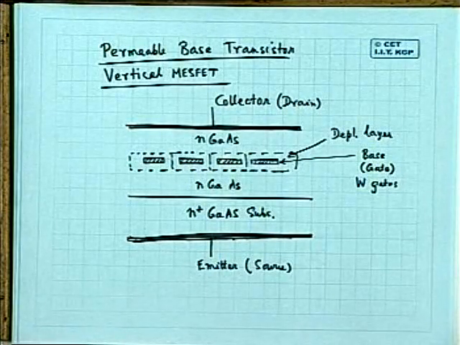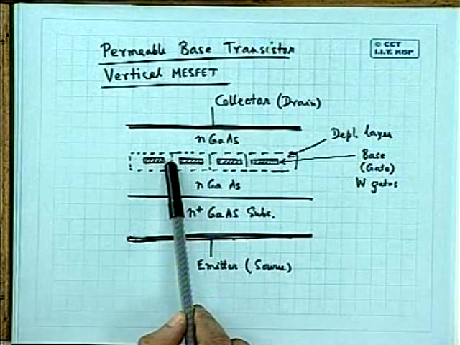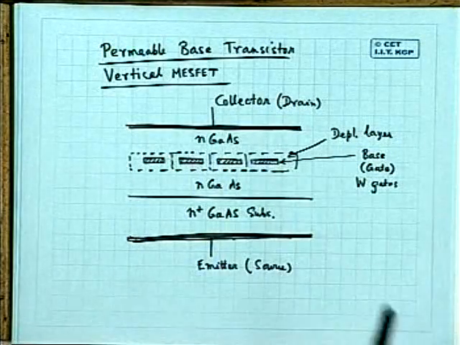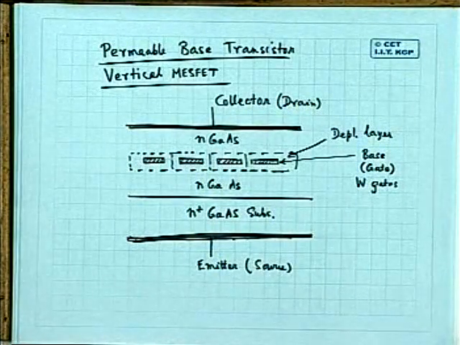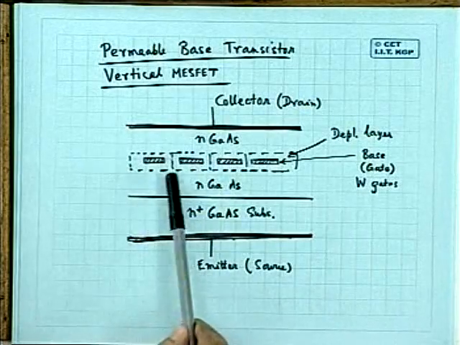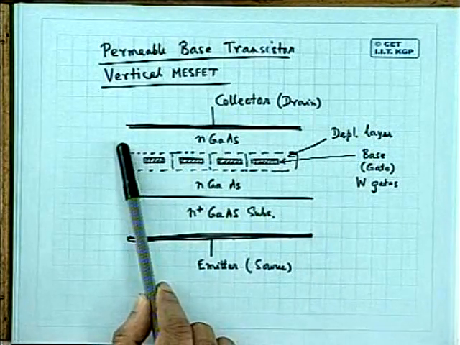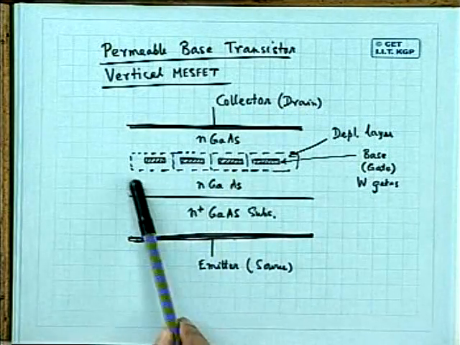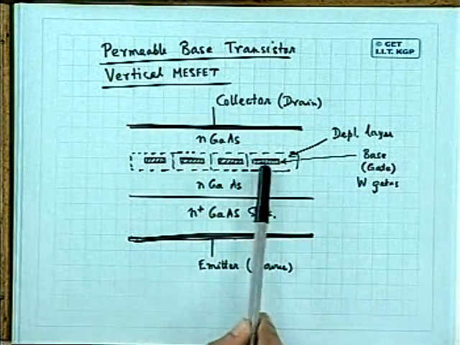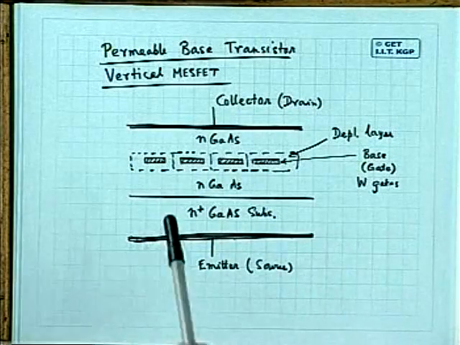And along with the tungsten, we grow another N-type epitaxial film, by a process called lateral epitaxy. It is possible to grow an epitaxial film surrounding these tungsten electrodes, which are embedded.